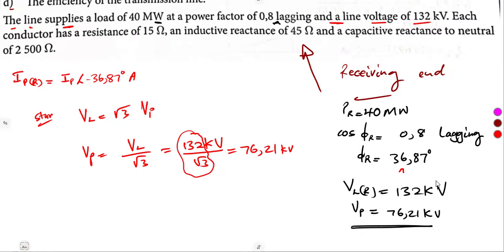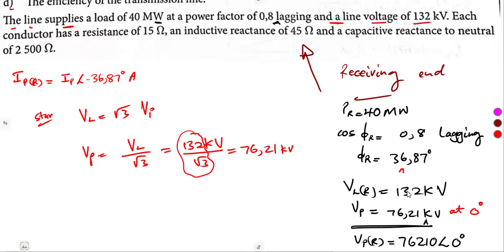So this one will be taken as a reference, meaning at 0 degrees. So we can even write it as 76,210, if you multiply by 10 to the exponent of 3, at an angle of 0 degrees. You take that one as a reference.